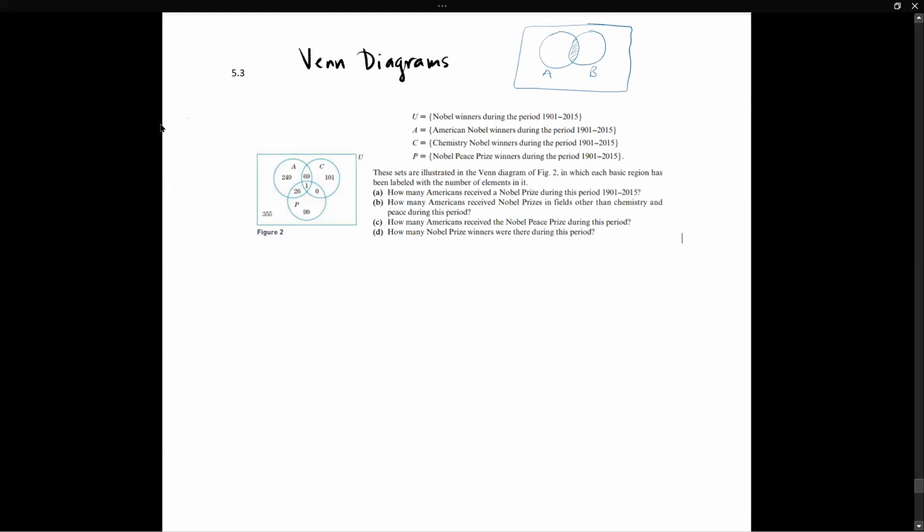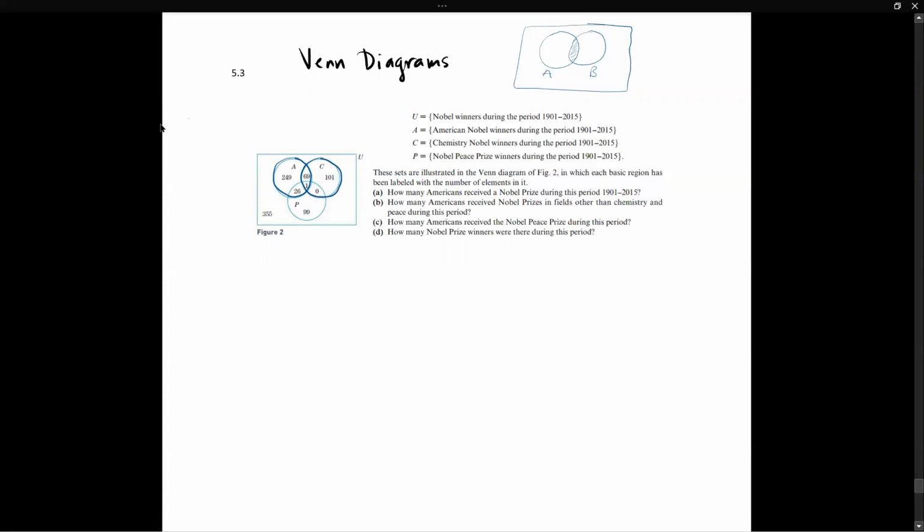So let's see here this set U to be Nobel winners during the period of 1901 to 2015. And we have A, which is this one, the American Nobel winners during that same period. And C is the chemistry winners.